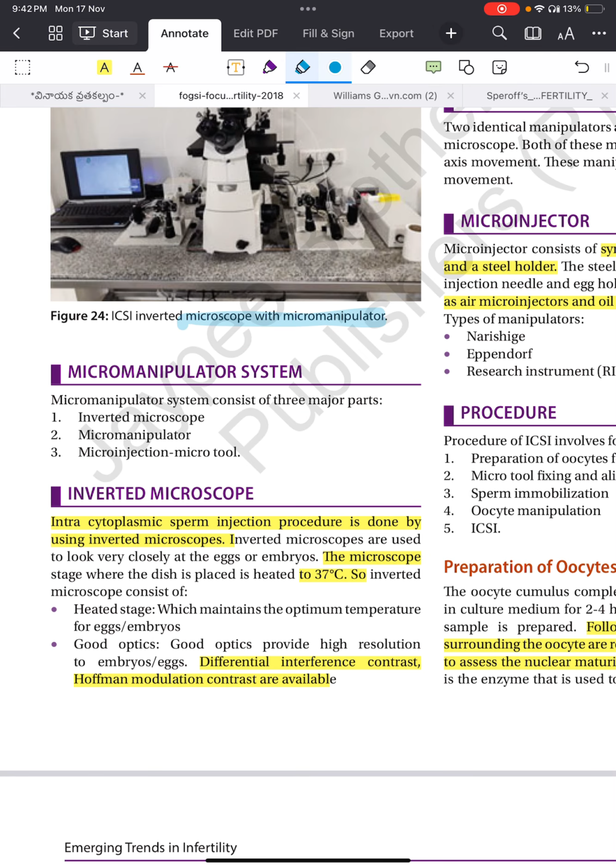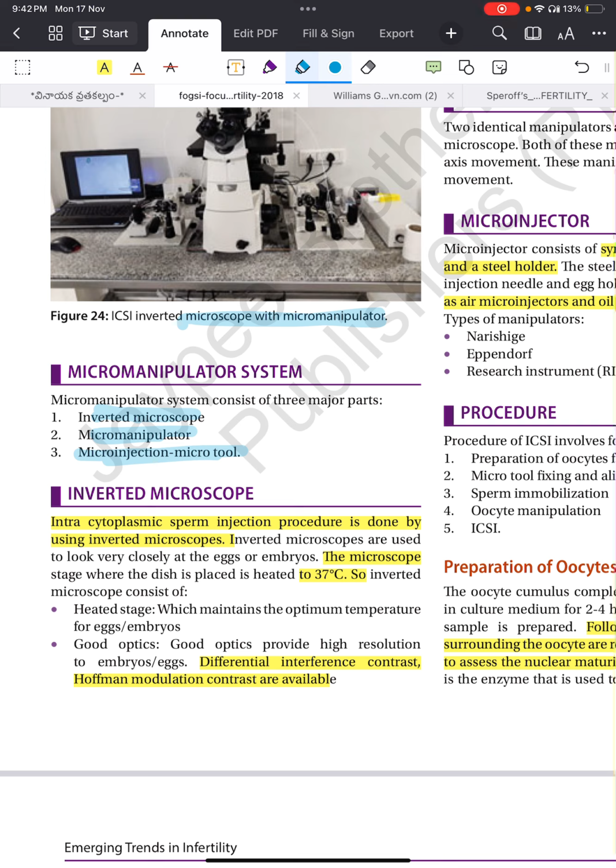The micro manipulator system consists of three parts: the inverted microscope, the micro manipulator, and the micro injection micro tool, that is, the needles. The inverted microscope is used for ICSI. It lets you see the eggs and embryos very closely.